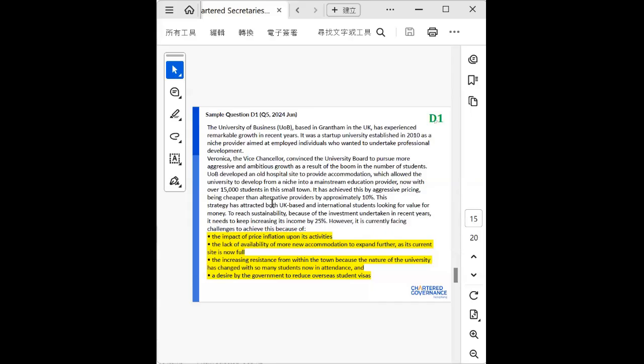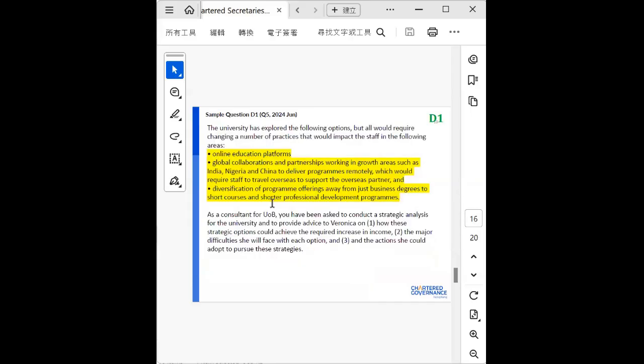And then here it says these are the possible choices. So you are given a very clear structure of the question. The choices are stated very clearly here.